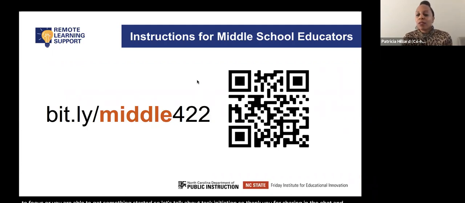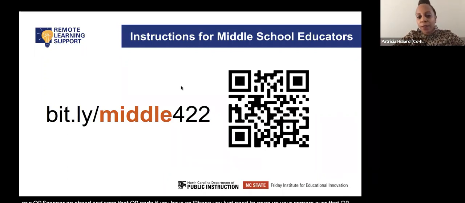So if you are a middle school, or let's also say an elementary school educator, you will need your device right now, a phone preferably. Get your phone. And if you have an iPhone or a QR scanner, go ahead and scan that QR code. If you have an iPhone, you just need to open up your camera over that QR code and it'll take you to a link.